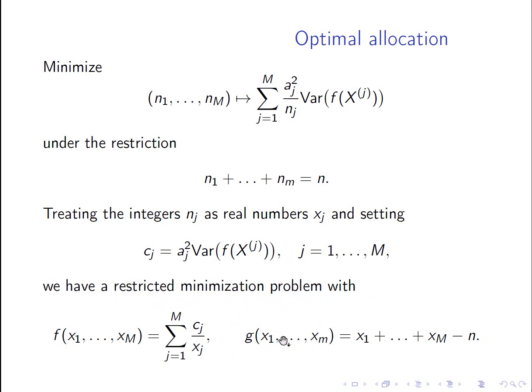So g of x1 up to xM, which should be again a capital M here, is given by the sum of the xj's minus n. Okay, that's now the rewriting of our initial minimization problem in a form we can treat.